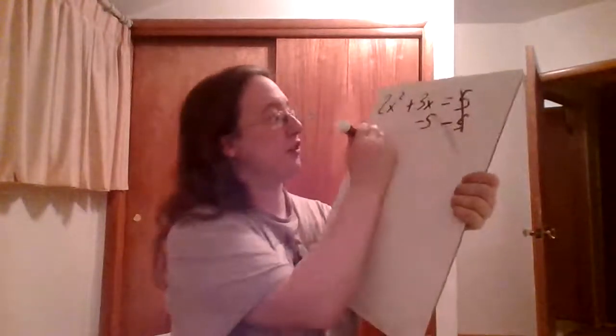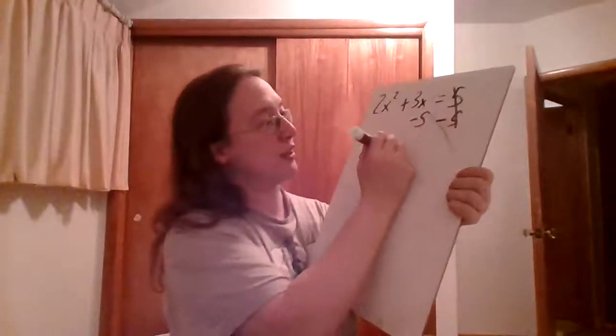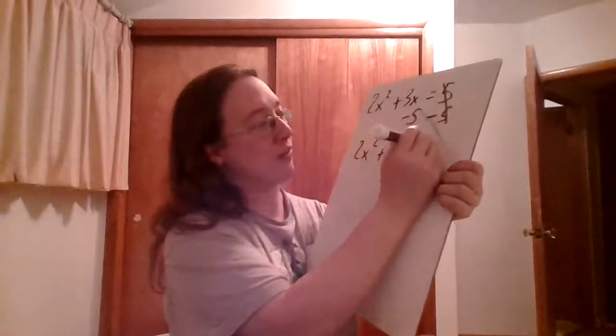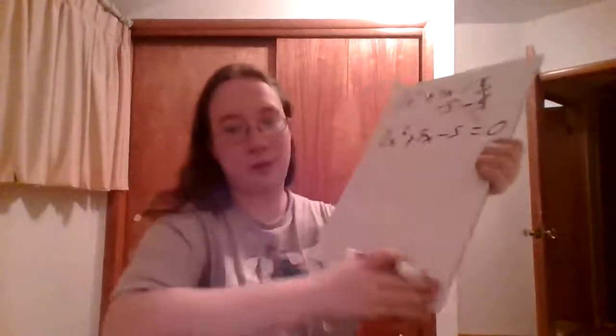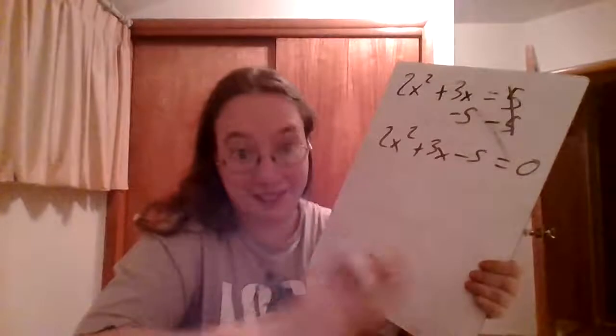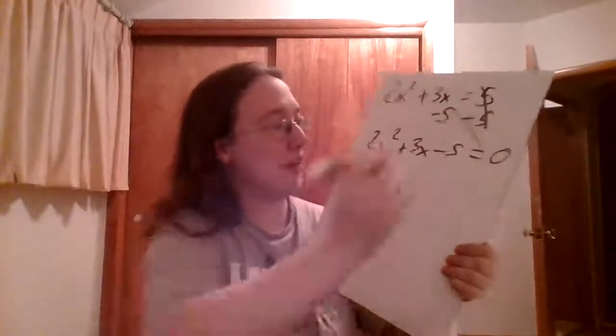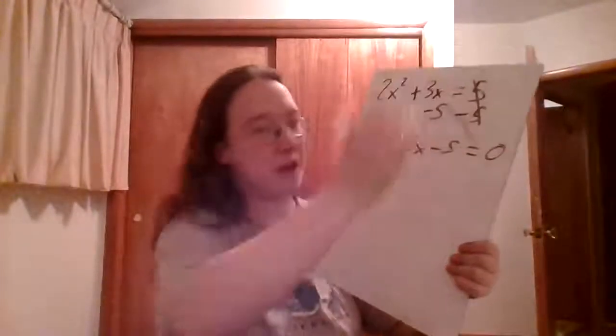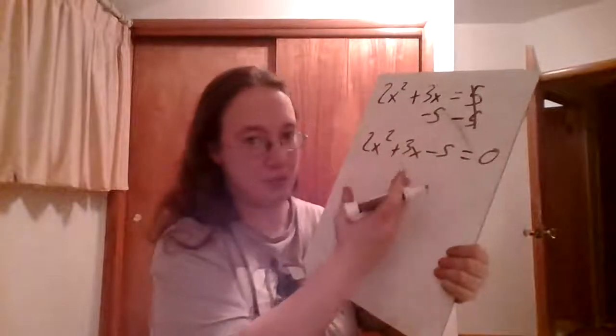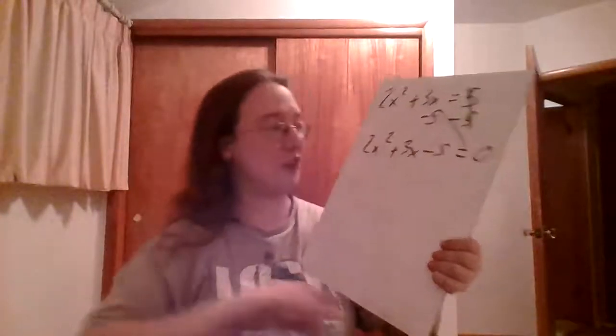Those are gone. So we got a 2x squared plus a 3x minus 5 equals 0. And really the big thing there is just remembering that that's a thing you need to do. So that does need to be a negative 5 rather than a positive 5, and it does need to be over here. So the big thing there is just realizing that that's a thing.